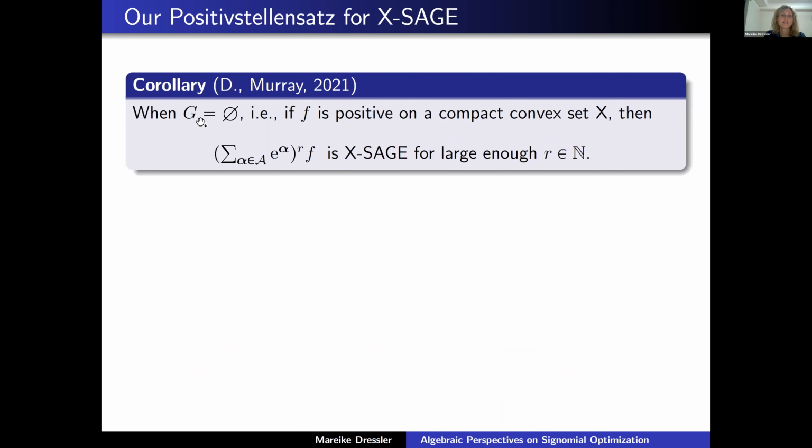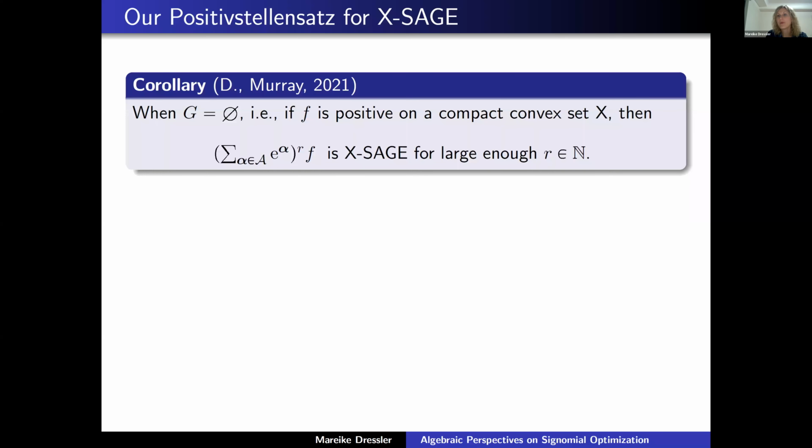So when this set G, which is just the small g_i's, is empty, then this collapses to the following nice phrase, namely that if f is positive on this compact convex set X, because K is X in this sense, then we have that this multiplier times f is X-Sage for a specific large enough natural number R.